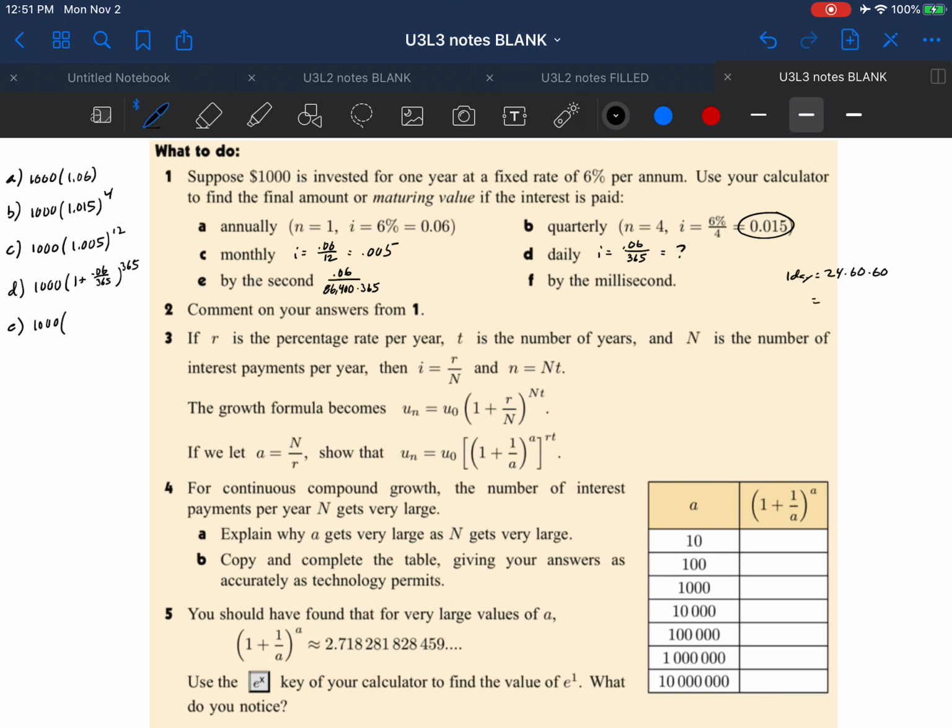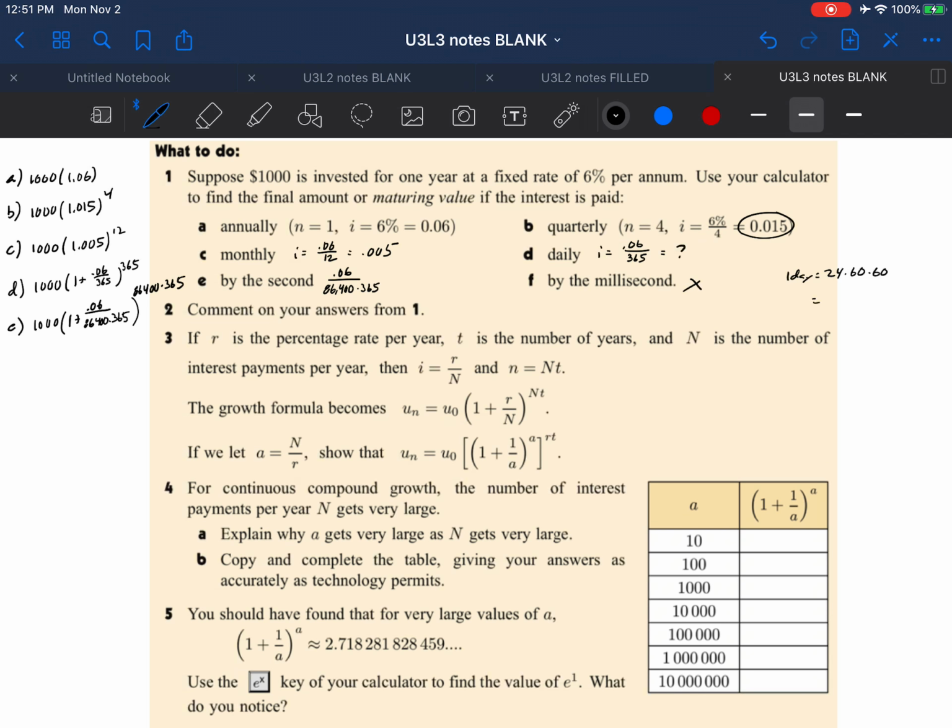So our amount will be 1 plus that rate, 0.06 over 86,400 times 365, raised to the 86,400 times 365. Okay, millisecond. You know what, guys? I think that's over the top. I'm not going to do that one.